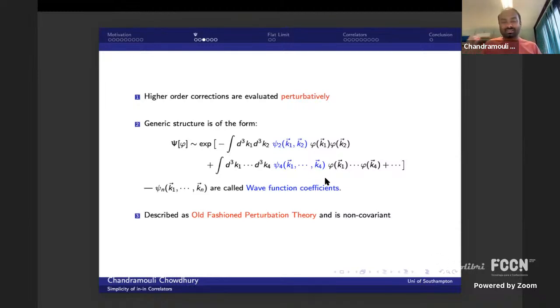So when somebody says the wave function, they might often refer to this object. And these are the objects which, by analytical continuation, are related to correlators in EDS. Okay. And evaluating these objects is sometimes described as old-fashioned perturbation theory, and it's not covariant. And it's obviously not covariant because we have broken translational invariance.